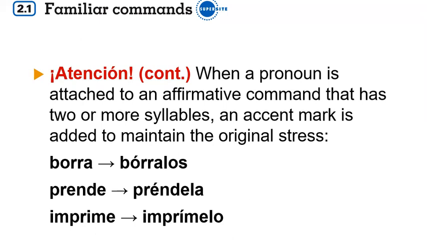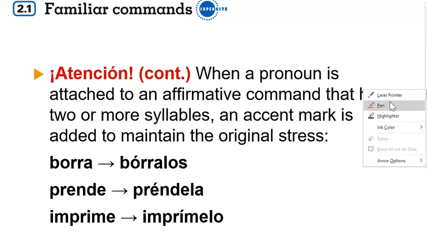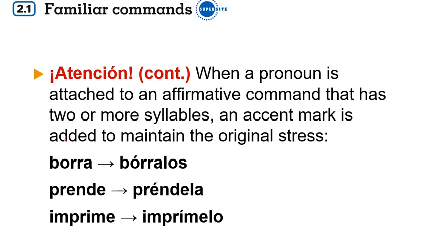So here we've got borra. Now the rule is whenever it ends in a vowel, N, or S, so when you have a conjugated verb, it's going to end in one of those letters, the stress is going to be on that second to last syllable. Bor is where we're going to have our stressed syllable right there. So the second to last syllable should carry the stress.